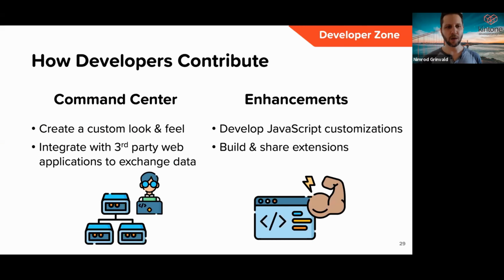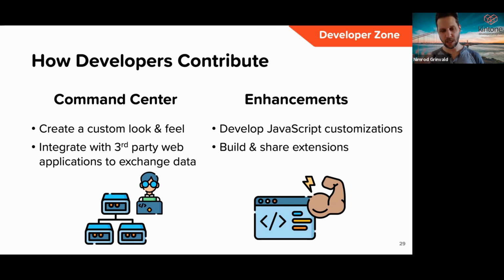Well, I started to talk about JavaScript enhancements. There are actually two main ways that developers can build stuff on Kintone. So the first is as like a command center, where you create a custom look and feel. You integrate the tool with other third-party web applications to exchange data. You can pipe data into and out of the system or have it sit as a presentation layer on top of other data warehouses.